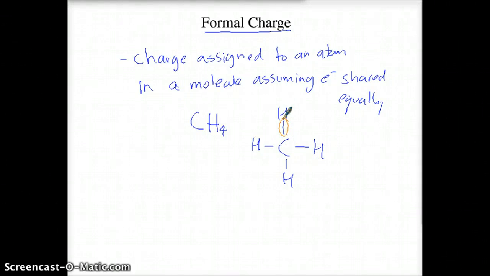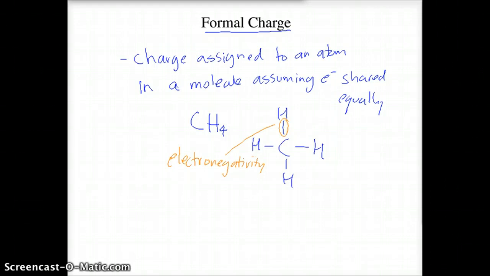We're going to learn that they're not, due to electronegativity, which is a measure of how badly atoms want to gain and steal electrons. But formal charge is a cool little placeholder. It allows us to explain and predict which structures will be most stable out of a bunch of different Lewis structures, based on this idea.